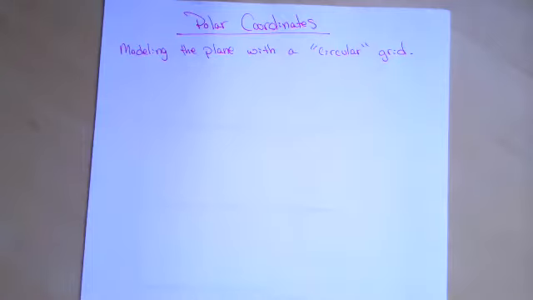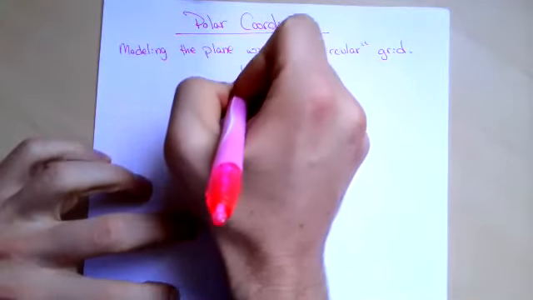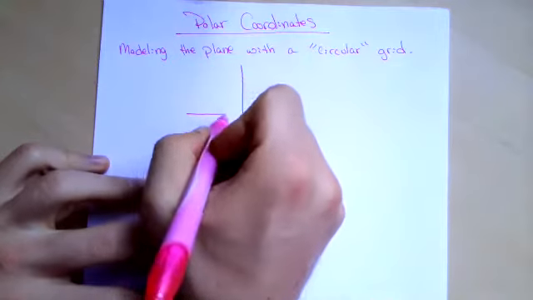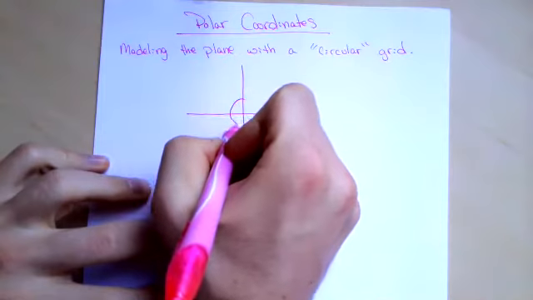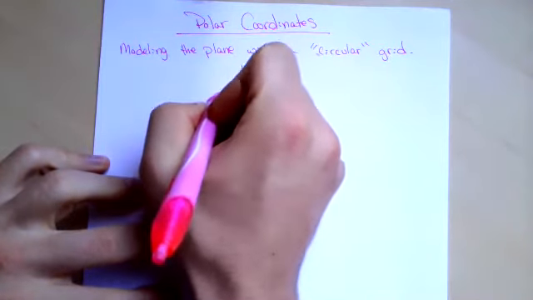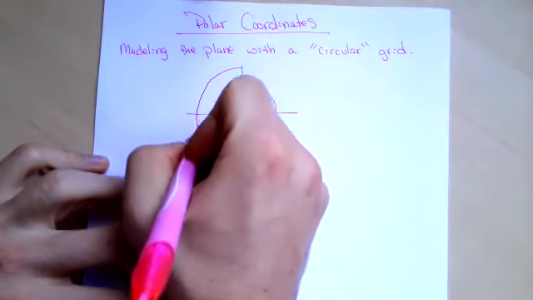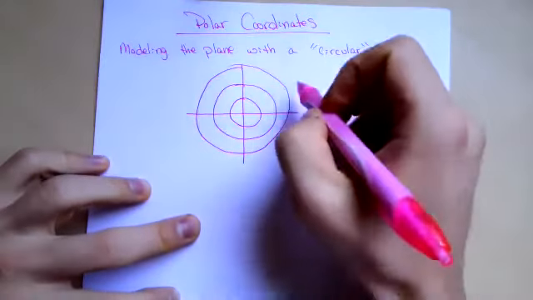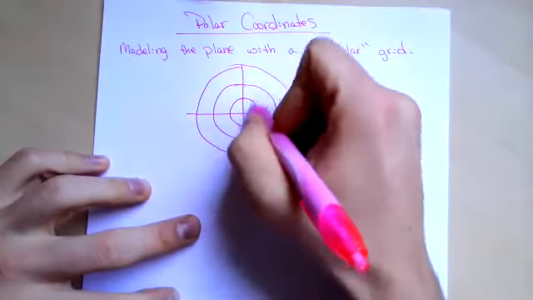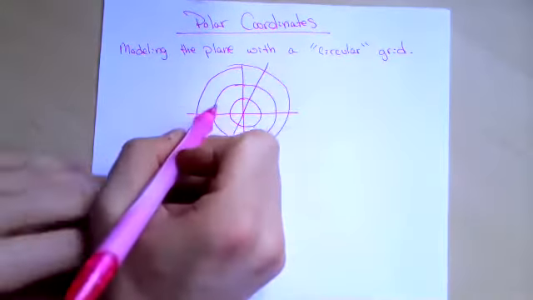Think of the logo for the UN, or if you were standing at the North Pole and looking down at the coordinate system, it would look like this. Pardon my circular abilities. And then of course there would be radial lines going out.